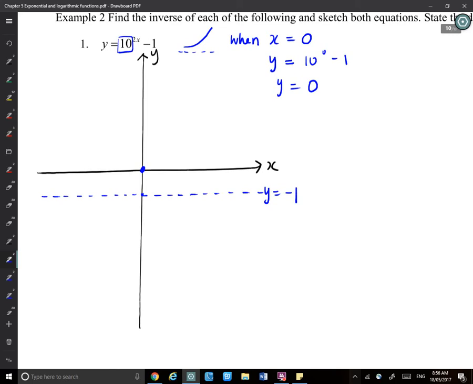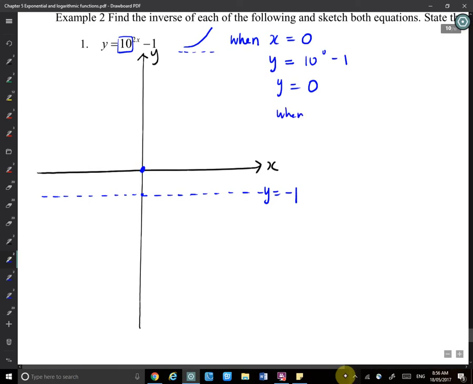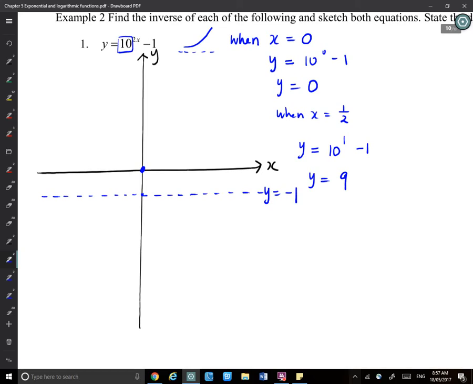And I need to find another point. When x equals a half, y equals 10 to the power of 1 minus 1. y equals 9. I have another point, (a half, 9).